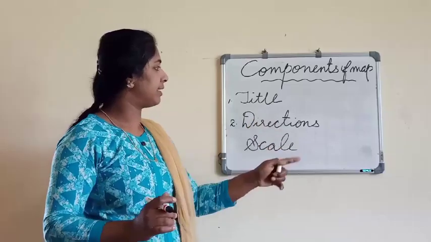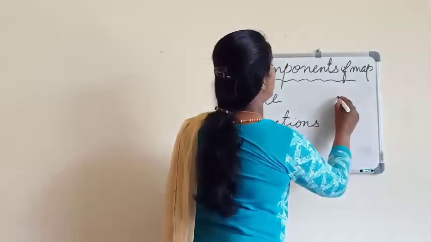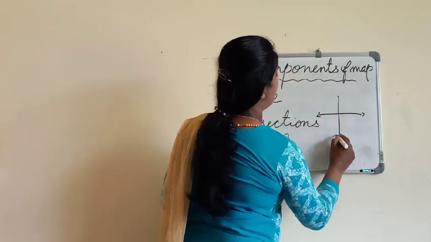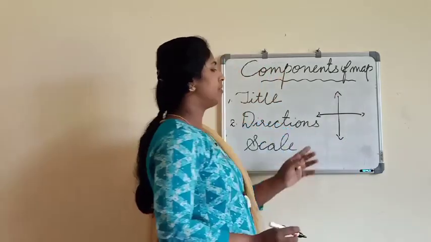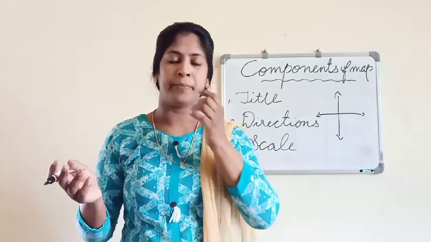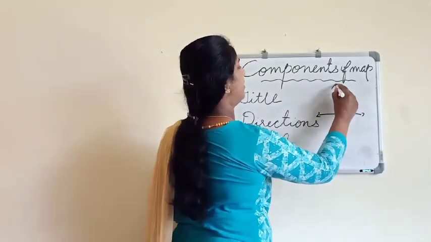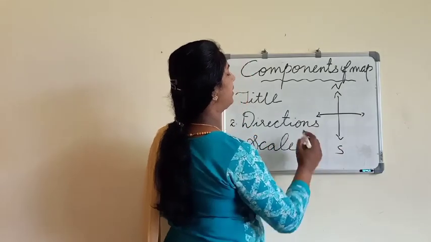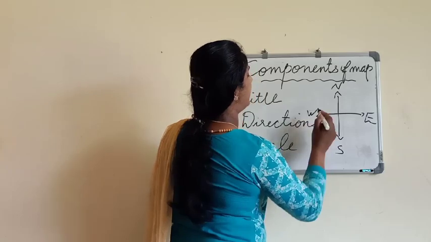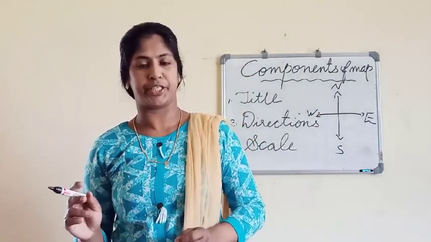I will make a diagram, with arrow marks showing the directions. You have studied this in previous classes, from 4th class onwards. The cardinal directions are north, south, east, west. These are known as cardinal points or cardinal directions.